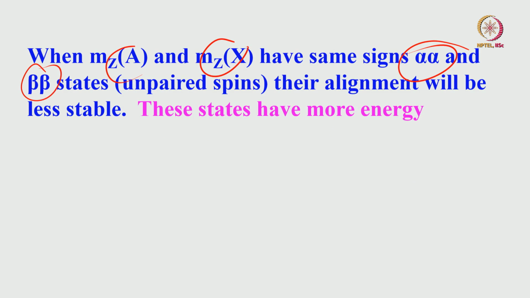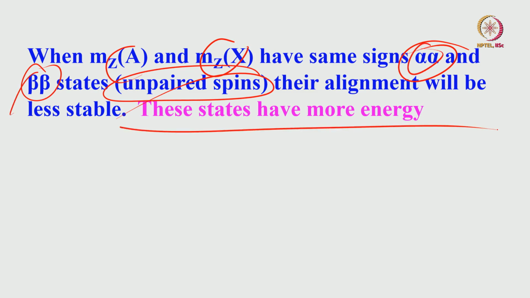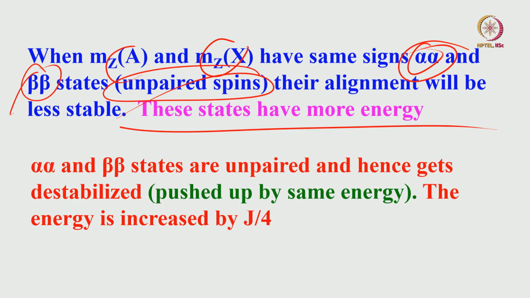Alpha alpha and beta beta are the states, they are called unpaired states. They are unpaired spins. Their alignment is less stable because they are unpaired. They have more energy. If you consider mzA and mzX with the same signs, alpha alpha and beta beta, they have higher energy states.